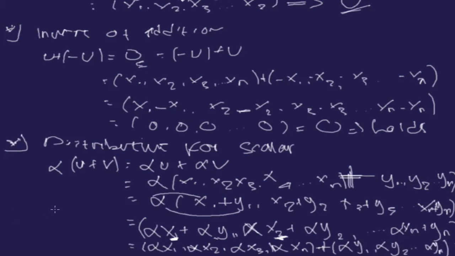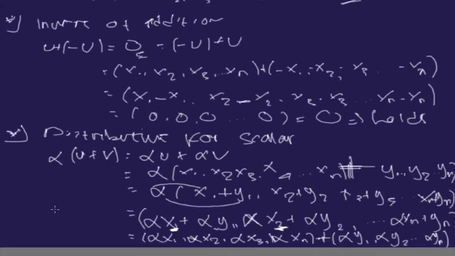So we have proved that this is the same as alpha u plus alpha v. So it means it holds the distributive for scalar, and then we will continue to the next.